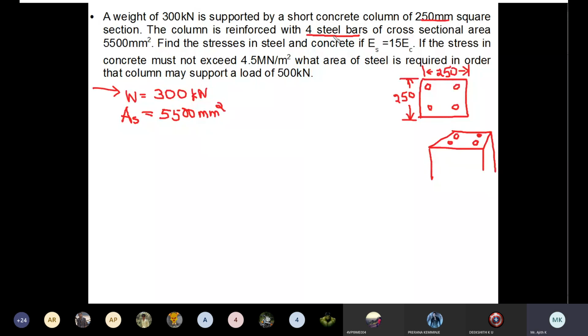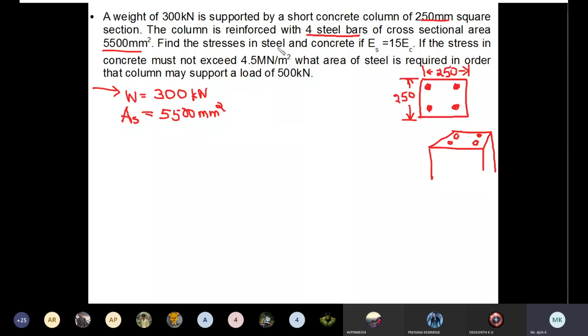It's given that there are 4 steel bars, these 4, and the cross-sectional area of steel bar is 5500 square. So cross-sectional area of this hatched portion or steel bar, it is 5500 square.